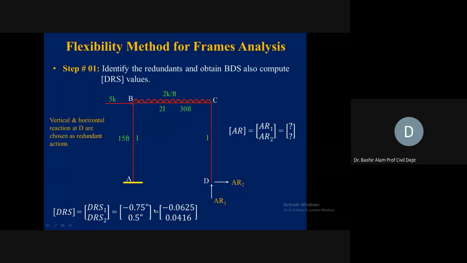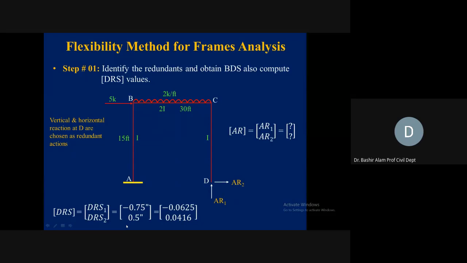Directions are not matching, so we label it negative. 0.75, this is the magnitude of the displacement corresponding to AR1, so we record this value. Then corresponding to AR2, we were having translation towards right of 0.5 inch, so 0.5 inch we write here. Positive, why positive? Because AR2 and 0.5 inch displacement, they are in the same direction.